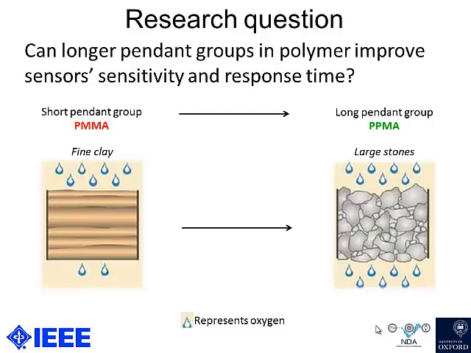And here you see that, assuming it's the same unit time, more water goes through the large stones. The main point is that between these two materials, the difference is that there's more empty space, and so oxygen can diffuse through more rapidly in long pendant groups. At least this was the hypothesis underlying our work.